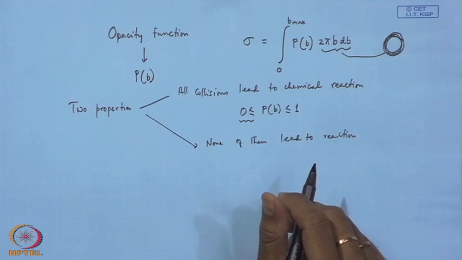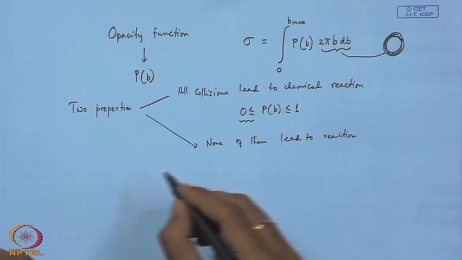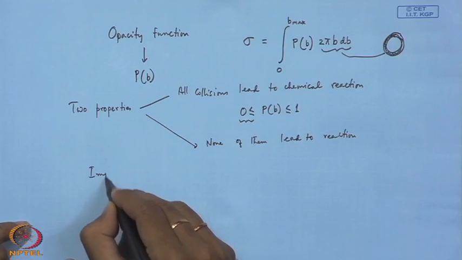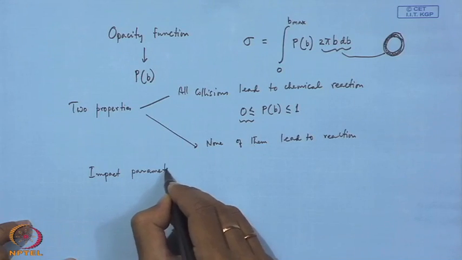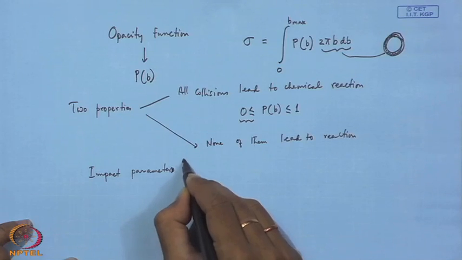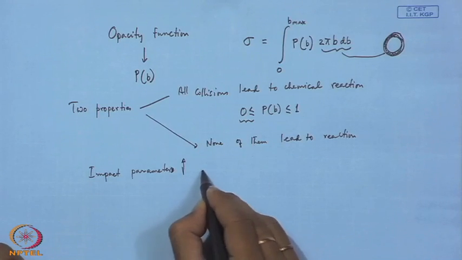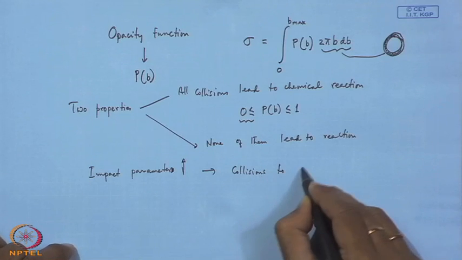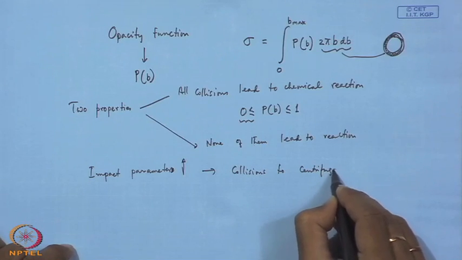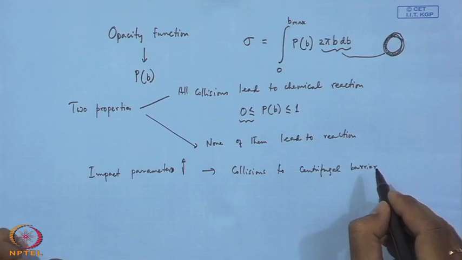And for high impact parameter collisions, when the impact parameter is high, the collisions occur at the centrifugal barrier, and this will act to keep molecules apart.